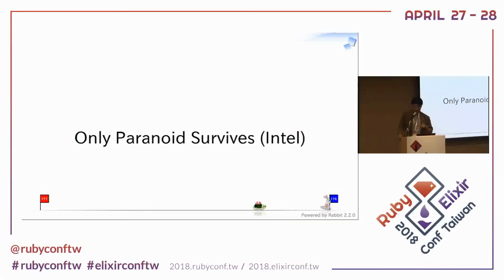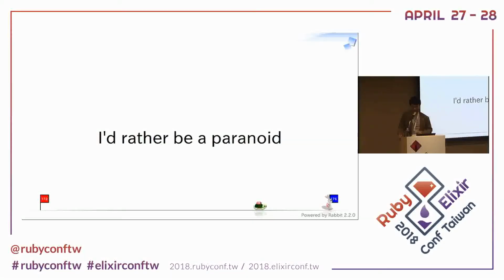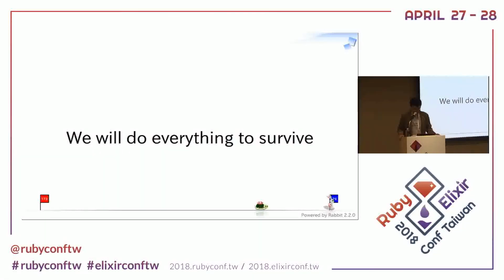The Intel company has a slogan that says only the paranoid survive. I'd rather be paranoid to survive. New languages came in: Go, Rust, Python. Python is not a new language, but many new languages came in. And we will do everything to survive. Ruby is a good language, I admit. Yeah, that's because we are here.